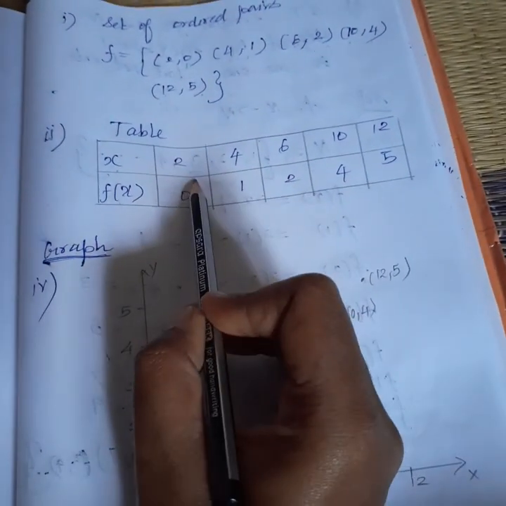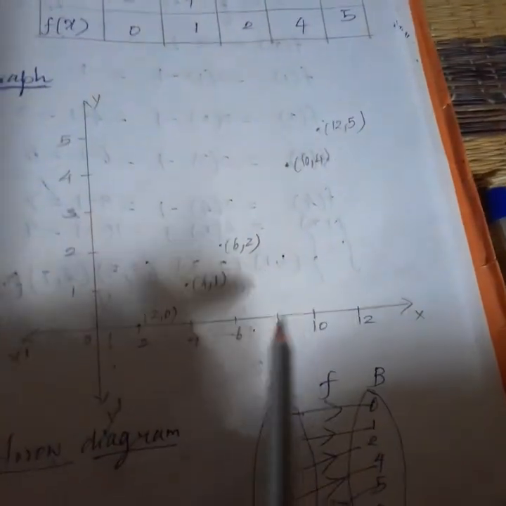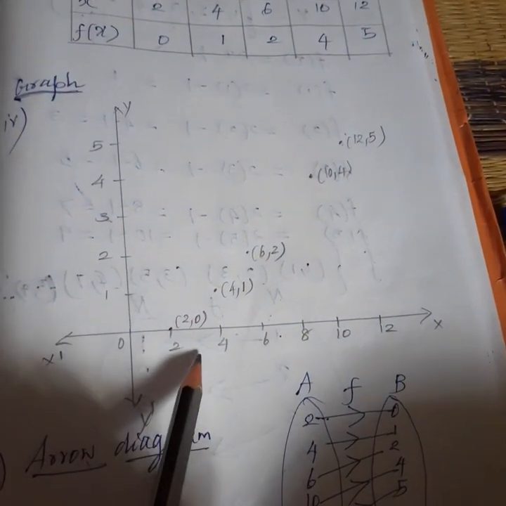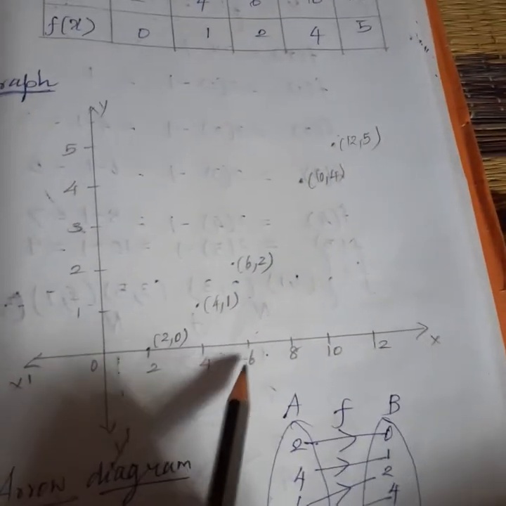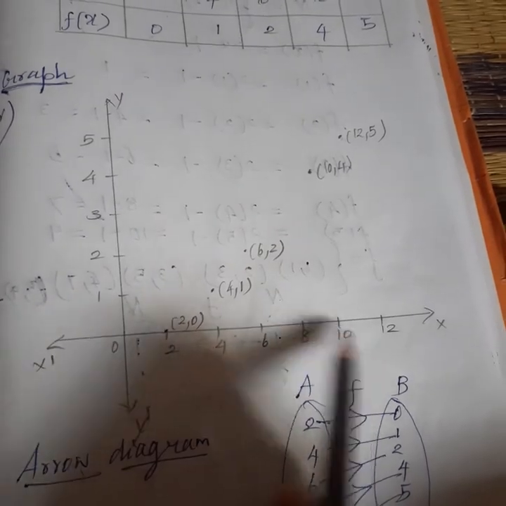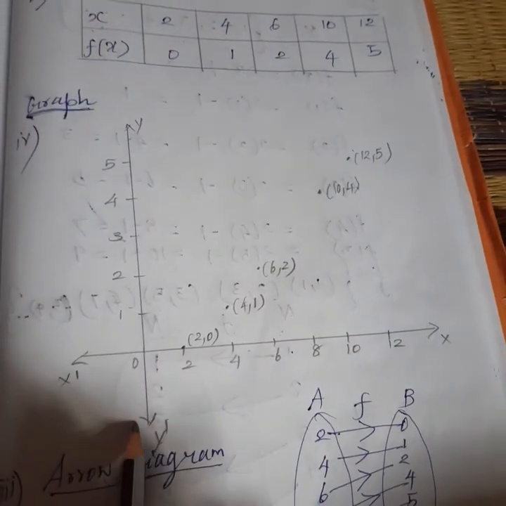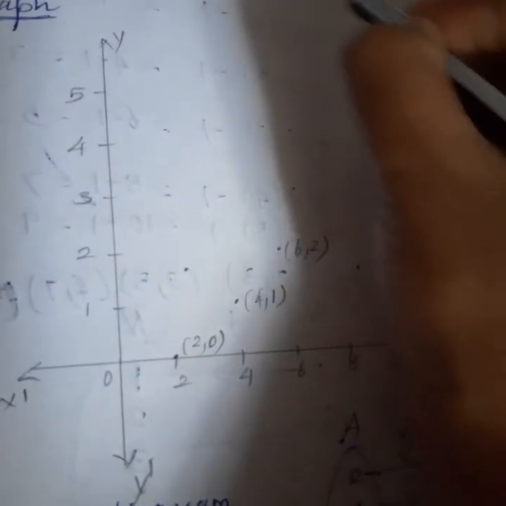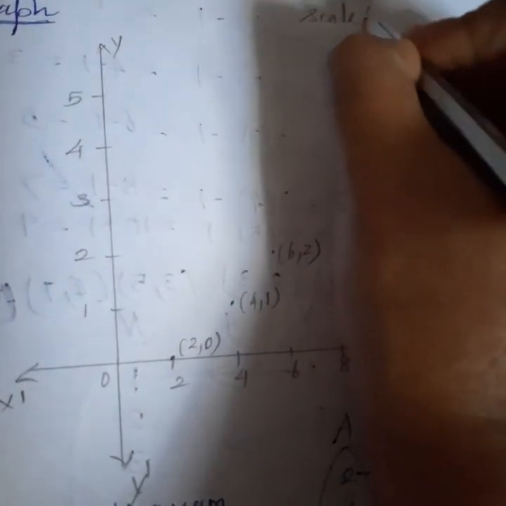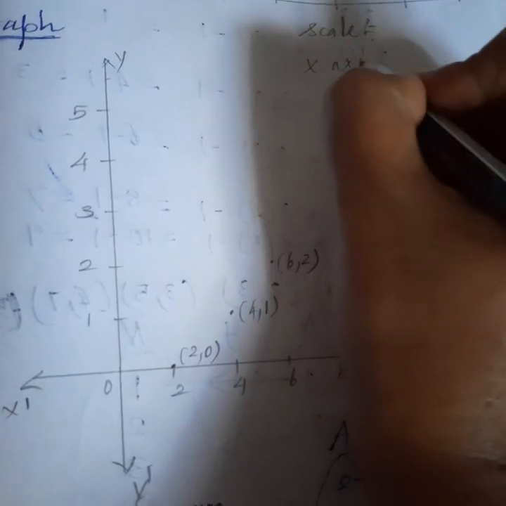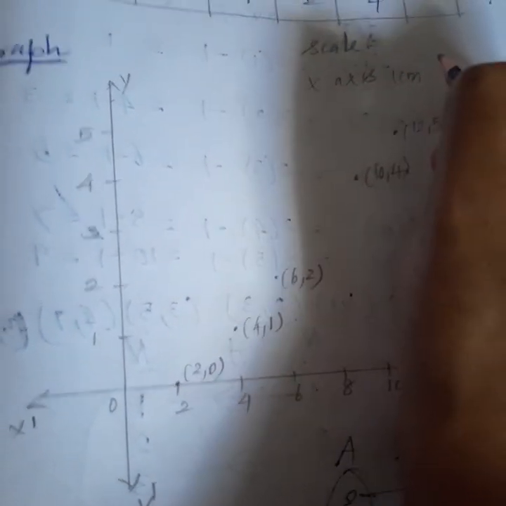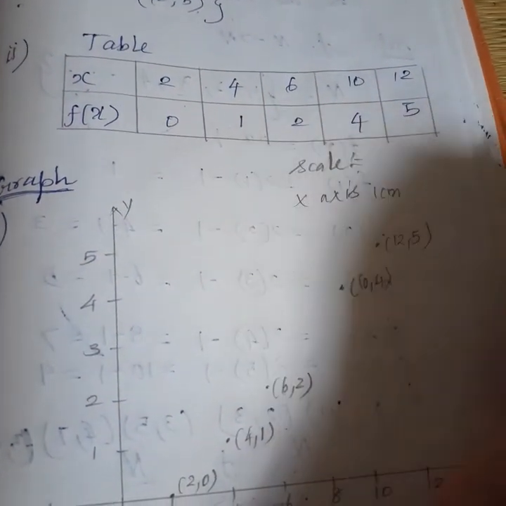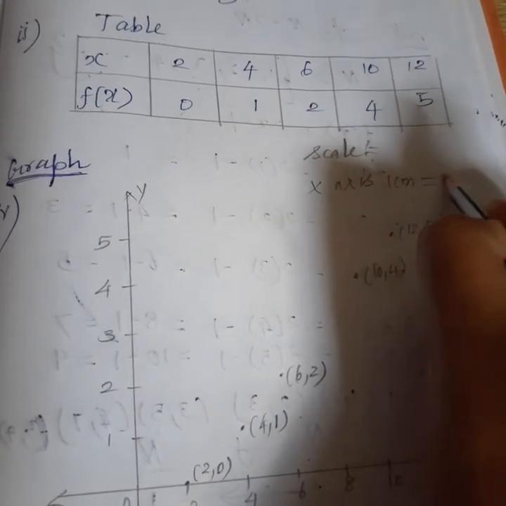Okay, the same thing I am going to plot in the graph also. Just draw x dash and y dash. If you want to write the scale, you can write the scale. On the x axis, you can see in the table 2, 4, 6, 8 is given, so I can take 1 centimeter equal to 2 units.